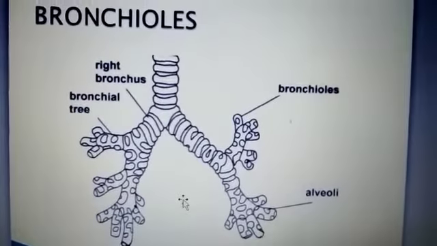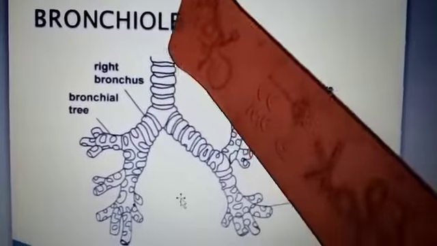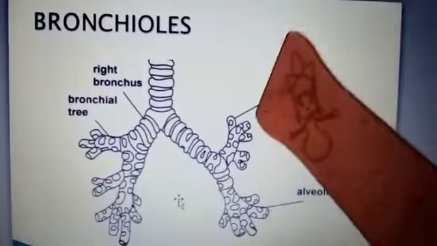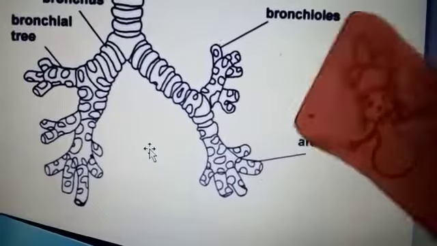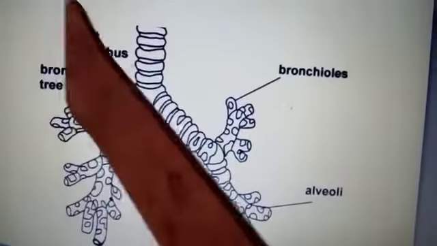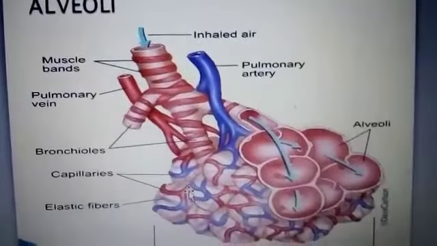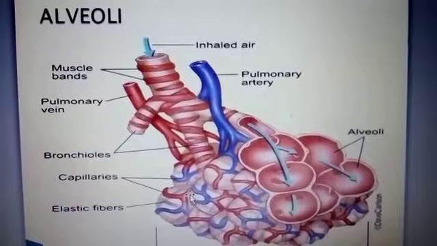So here comes the structure of bronchioles. So trachea, bronchi, then bronchioles, tiny branches called bronchioles. And see how the bronchioles are connected with the alveoli, tiny air sacs, where the diffusion of oxygen and carbon dioxide takes place. Then alveoli structure.